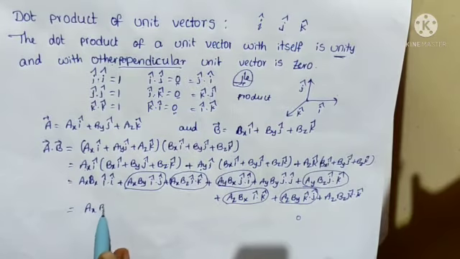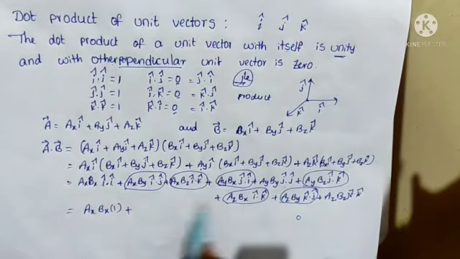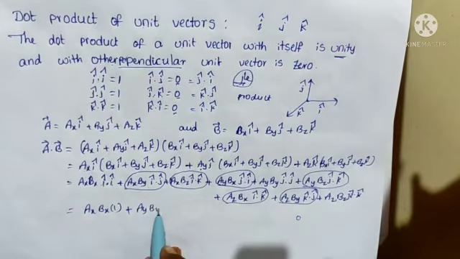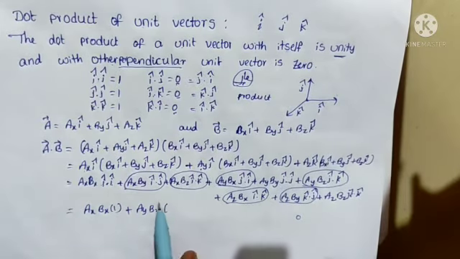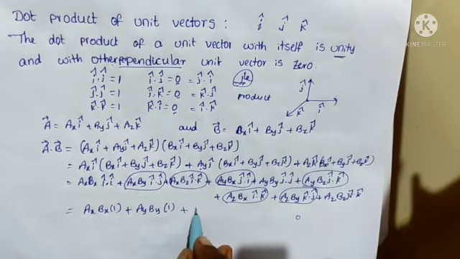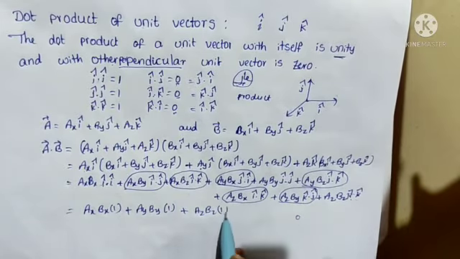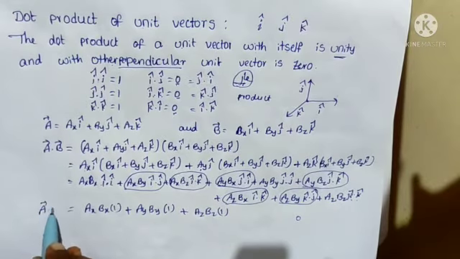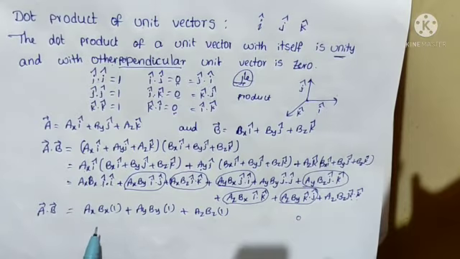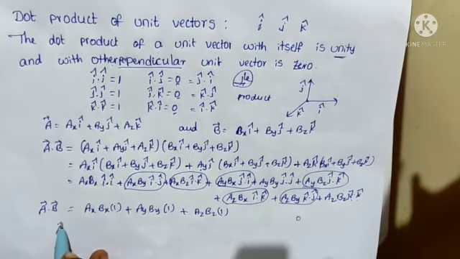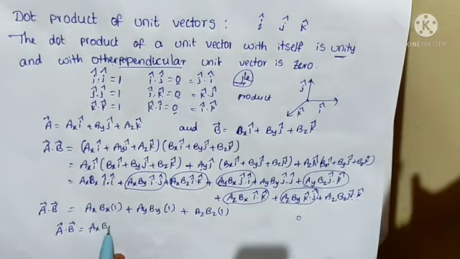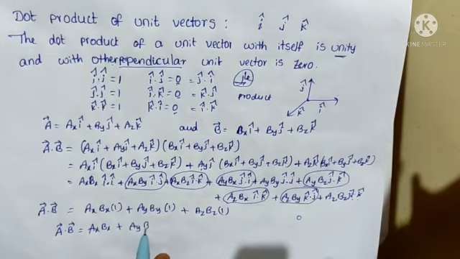So i dot i is 1, then Ax Bx; next one Ay By, j dot j is 1; last one Az Bz, k cap dot k cap is unity. So finally A bar dot B bar equals Ax Bx plus Ay By plus Az Bz. This is the dot product in terms of unit vectors.